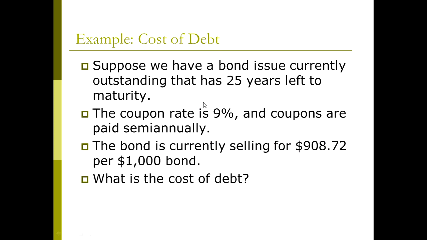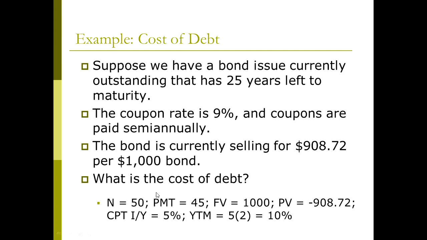Okay, take this for example. 25 years maturity, coupon rate 9%, paid semi-annually, face value $1,000, current price $908. What is the cost of debt? Plug in all the numbers in the formula or in the financial calculator.